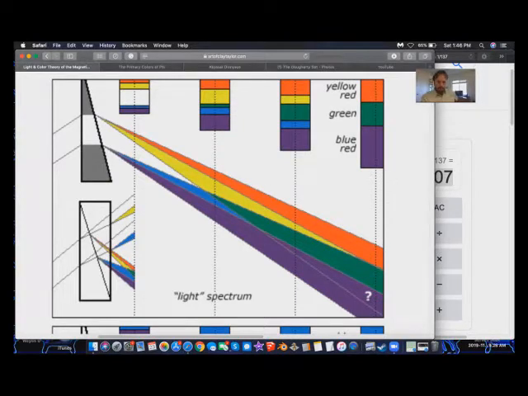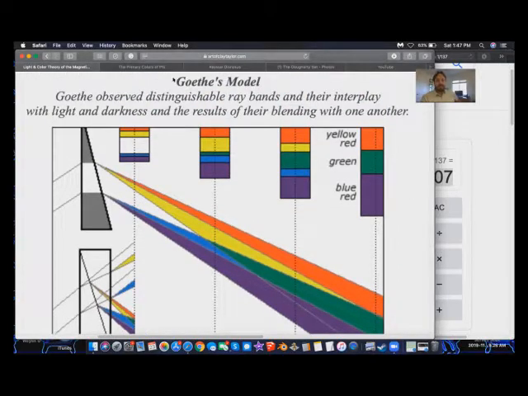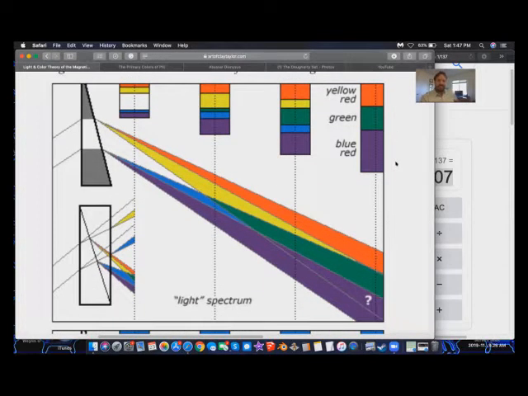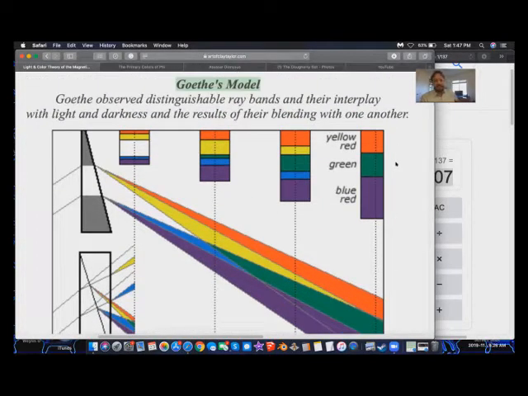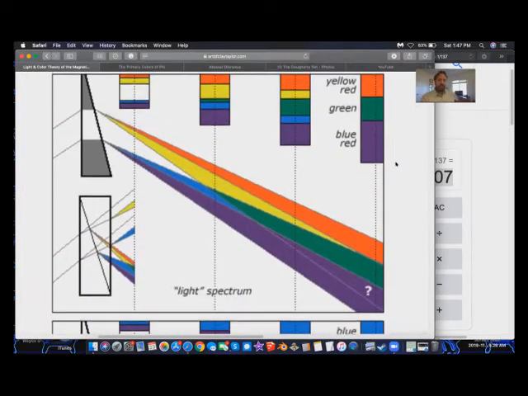It breaks it into a white section first, and you've diagrammed how there's a Phi ratio embedded in this. Well, this is much more accurate. This is Goethe's model. I always say people's names wrong, but it just jumped out of my head. This model is much more accurate.